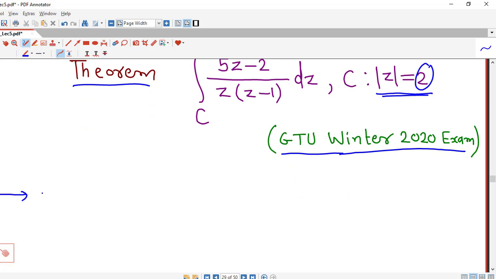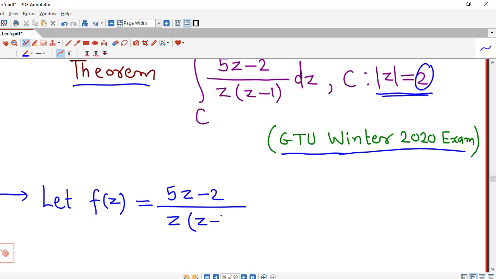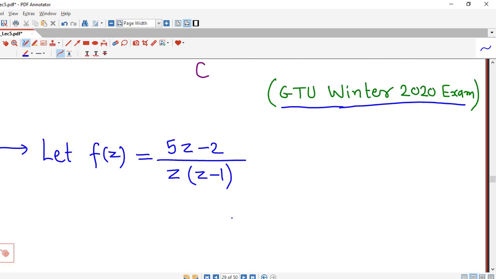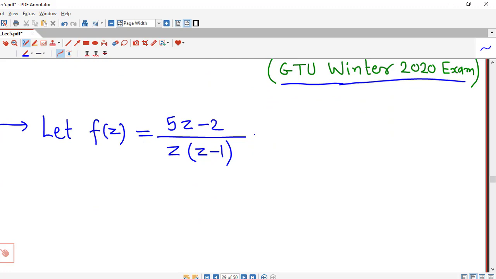So first we denote our function by f of z. Let f of z equal to (5z minus 2) divided by z times (z minus 1). So this function is a rational function. It is a division of two polynomials, 5z minus 2 and z square minus z. The denominator can be written as z square minus z, which is a polynomial of second degree, and we know that polynomial functions are analytic everywhere.